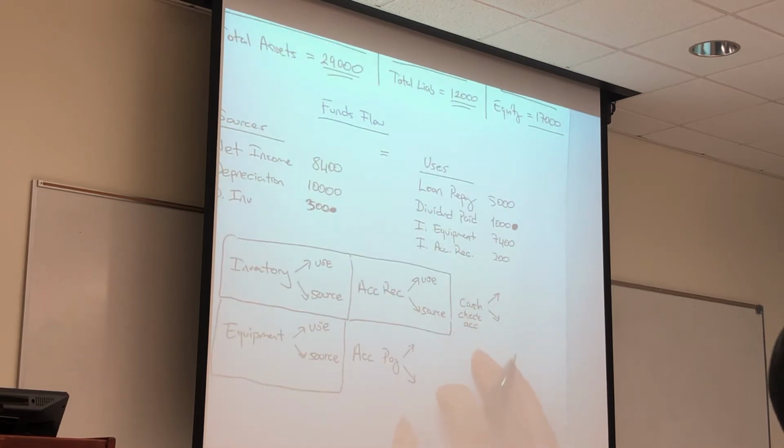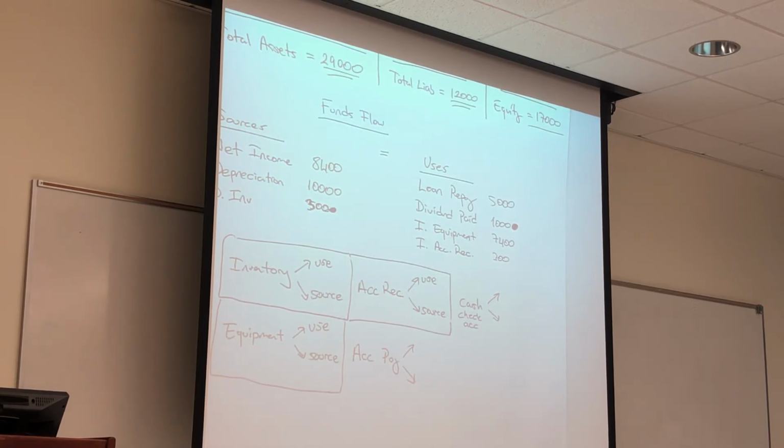Okay, accounts payable. If it increases, is it source or use? It's a source. Yes, because we increase the accounts payable. So decreasing accounts payable means we decrease our loans, so we use the funds.